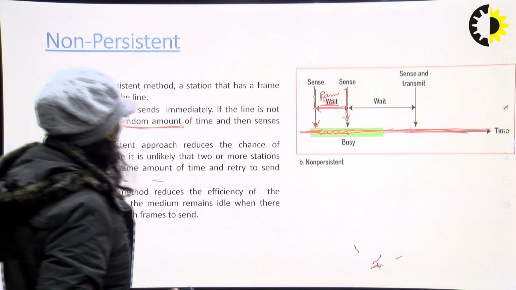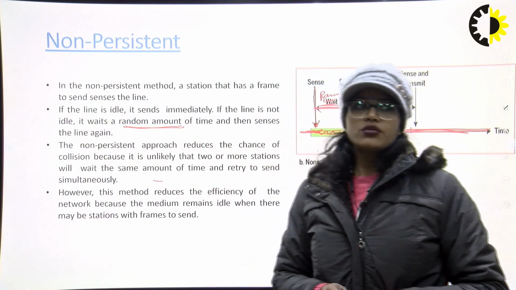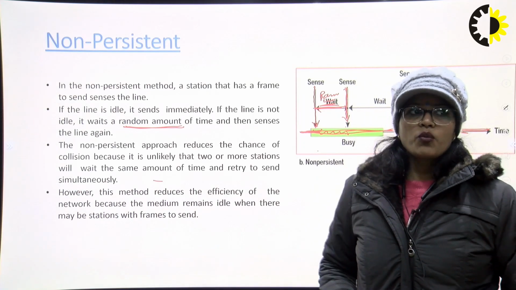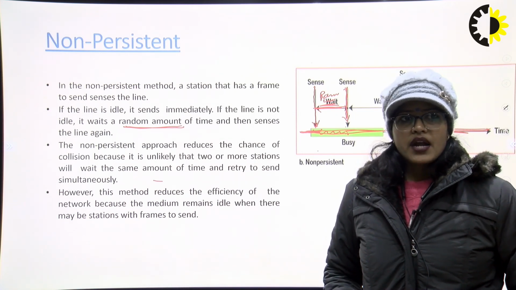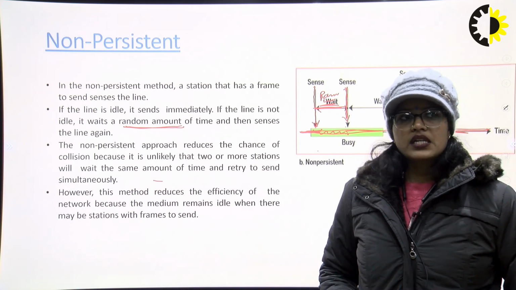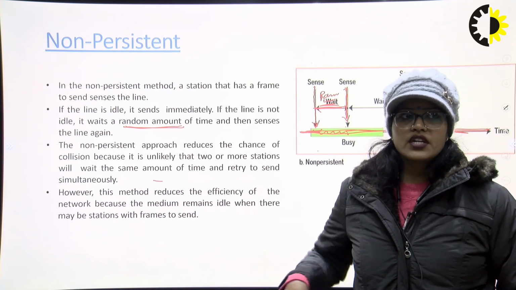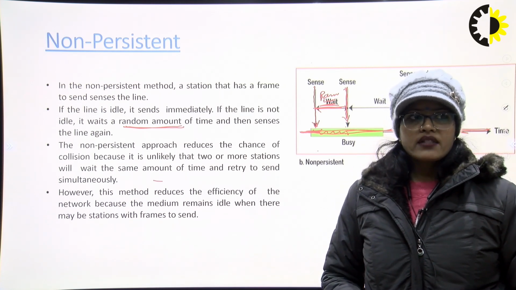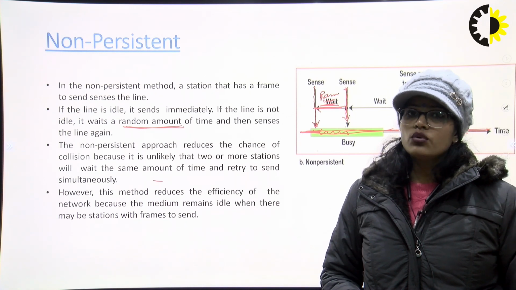So what happens in the non-persistent method? The non-persistent approach reduces the chance of collision because it is unlikely that two or more stations will wait the same amount of time and retry to send simultaneously. However, this method reduces the efficiency of the network because the medium remains idle when there may be a station with a frame to send.